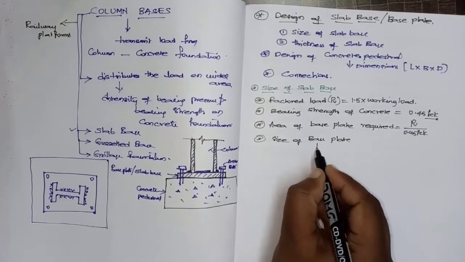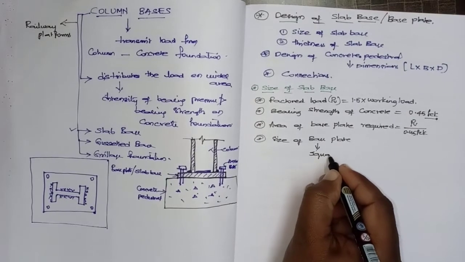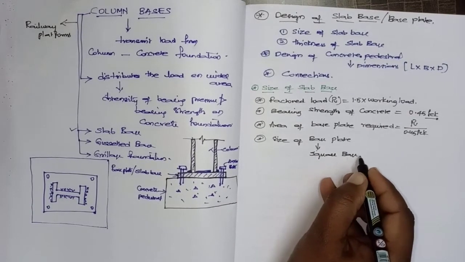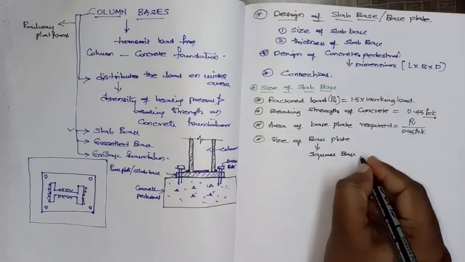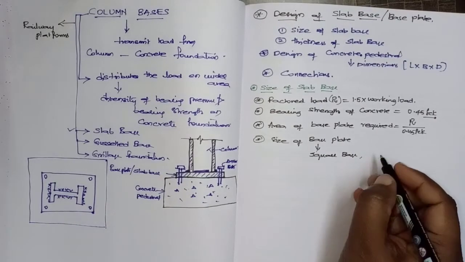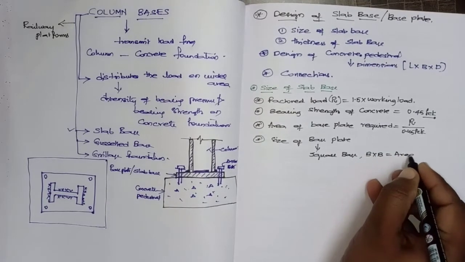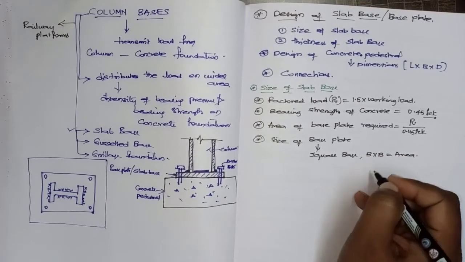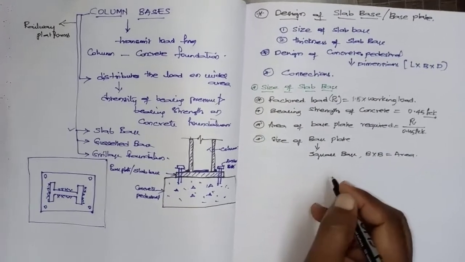After that, the size of base plate. It all depends upon two cases. If you want to go for a square base, square base means B is nothing but the root of the area, right? You take the root of the area.